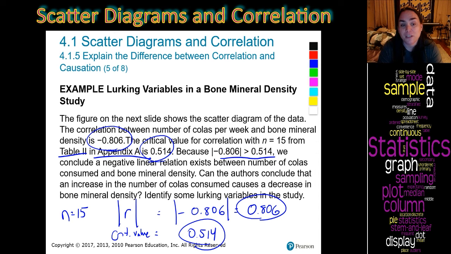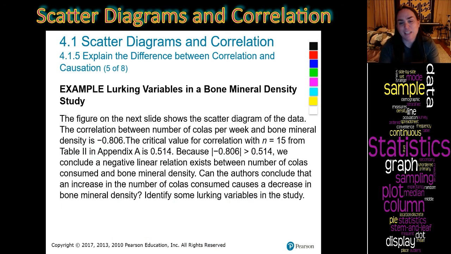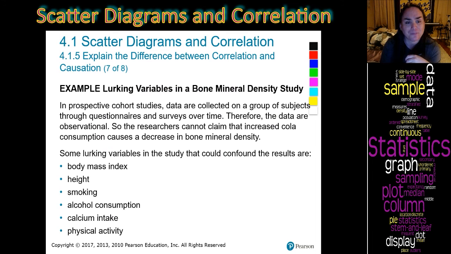Can the authors then conclude that an increase in colas consumed causes the decrease in bone mineral density? Probably not. There might be other lurking variables. All we know is that they are related in some way. There may be a third variable that you have to figure out.